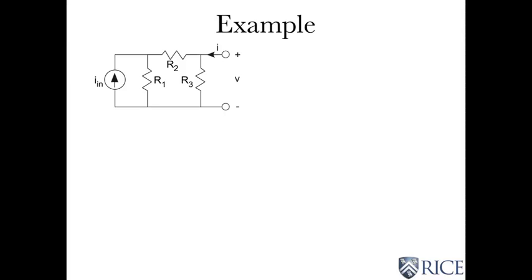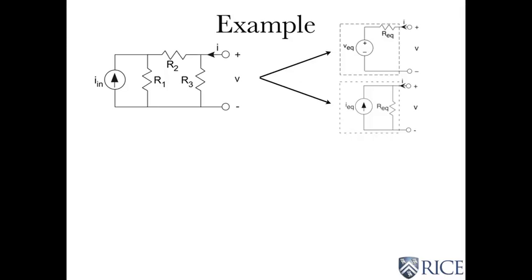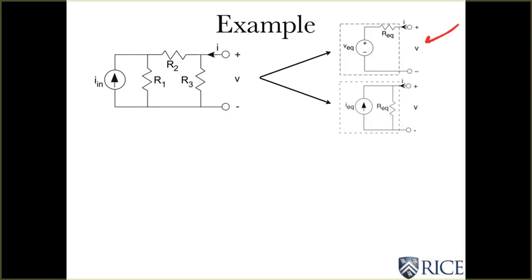To show these ideas, I want to find the equivalent circuits for this example circuit. I could find explicitly the Thevenin equivalent. I could find the Meyer-Norton equivalent. Well, I'm just going to find the equivalent quantities VEQ, REQ, and IEQ.